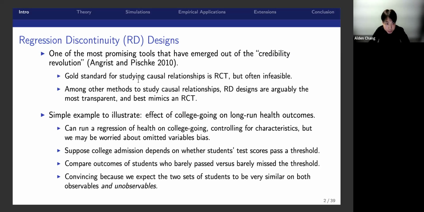In this case, if we assume that students cannot precisely control their test scores, then if we compare the outcomes of students who barely passed versus barely missed, the difference is likely to give us the causal effects of college on outcomes. And this is because students on either side of this threshold are quite similar, both on observables and unobservables. So this is the essence behind how RD designs work.